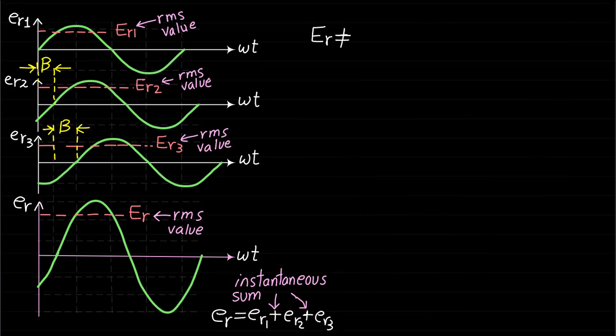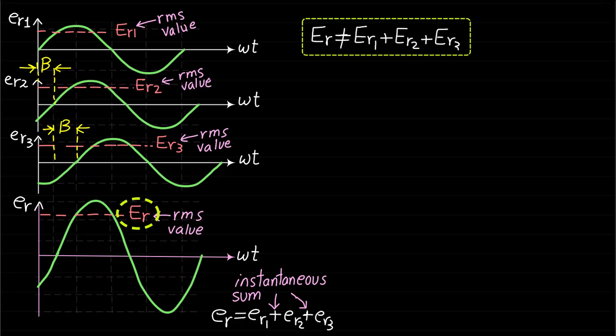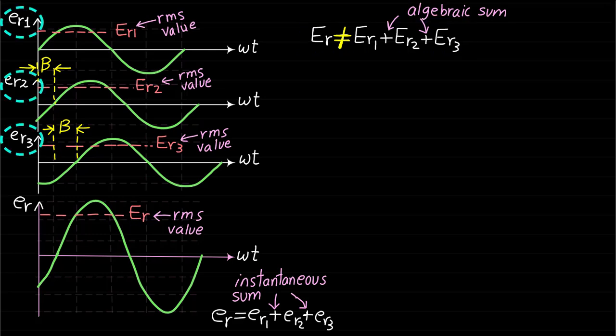The RMS value of the total induced back EMF voltage ER of the distributed coils will not equal the algebraic sum of the RMS values of the three induced voltages ER1, ER2, and ER3 because the induced voltage waveforms ER1, ER2, ER3 are not aligned.